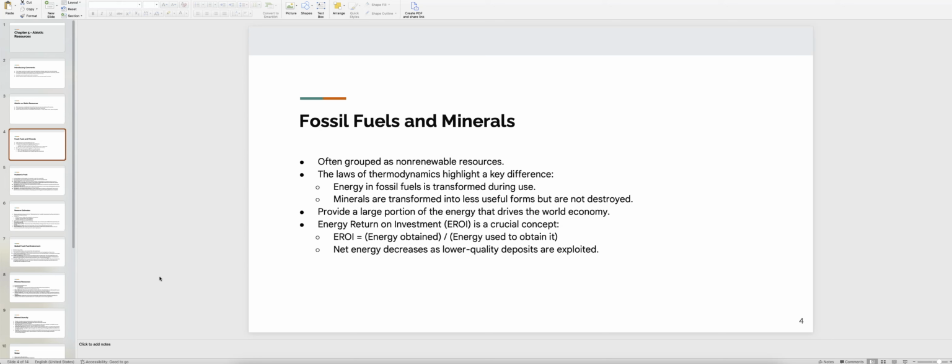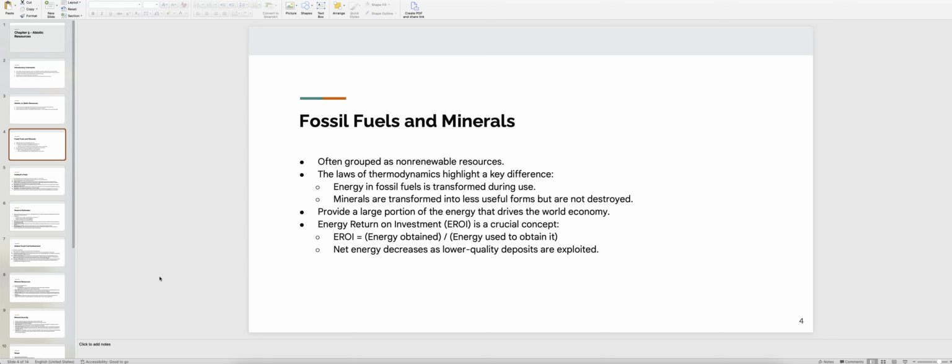And then in the 19th century, 1800s, we turned to oil. And then in the 20th century, we vastly expanded our use of coal and oil as these fossil fuels to extract the energy from them, to be able to power the economy and to be able to power human existence.